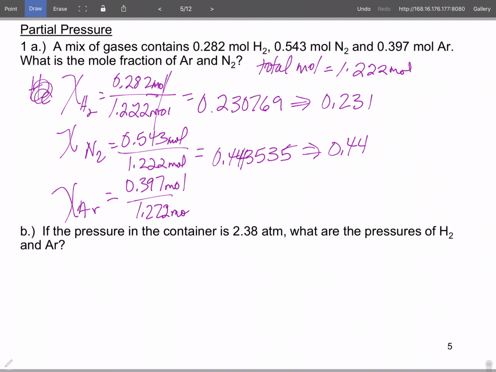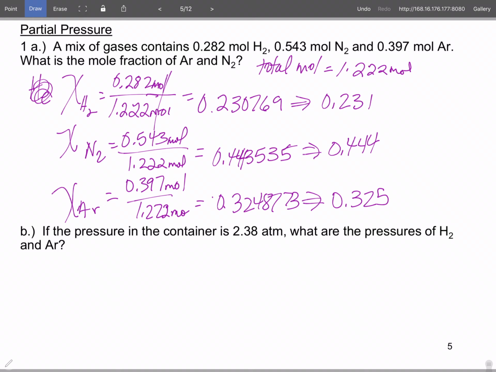Whoops, I missed a 4 in there. This one is 0.3248773, which is 0.325. So what this allowed us to do is calculate the mole fraction of each component.